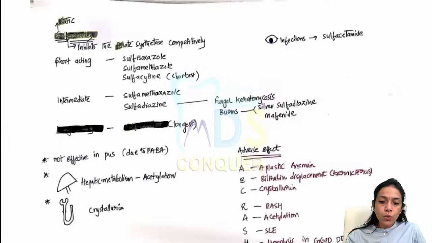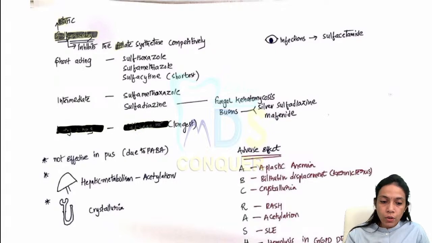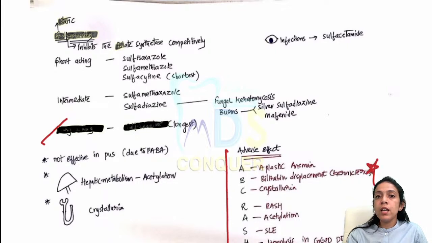As you can see here, the sulfonamides, again handwritten notes. So the longest acting is sulfadoxine. The intermediate ones are sulfadiazine and sulfamethoxazole. The adverse effects include rash, and a very important adverse effect is bilirubin displacement. That's the reason it ends up with kernicterus. Okay, so yes.